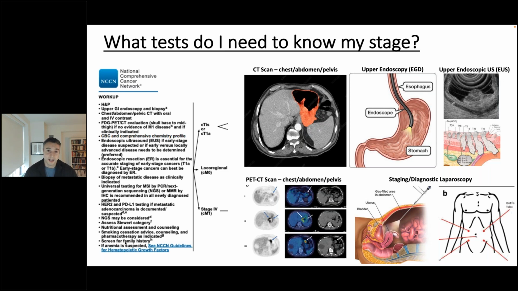So in patients like that, it's quite important to understand if there is occult disease in the abdomen, and unfortunately CT scans and PET CTs do not evaluate the lining of the abdomen, the peritoneum, very well. So a staging laparoscopy is usually an outpatient procedure where the surgeon puts some air into the abdomen, puts in a camera and looks around, and takes any biopsies and washings to make sure that there's no disease hiding in the lining of the abdomen.